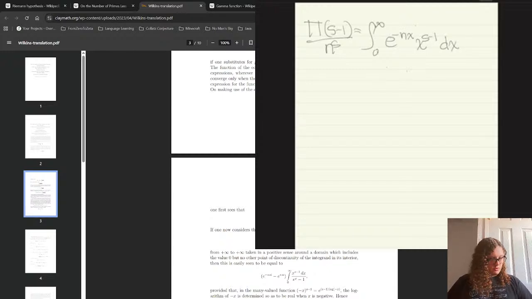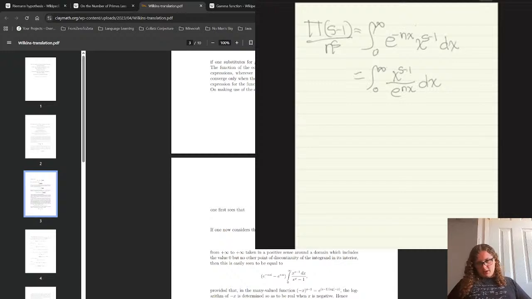I'm just going to rewrite this integral here: 0 to infinity of x to the s minus 1 over e to the nx dx.